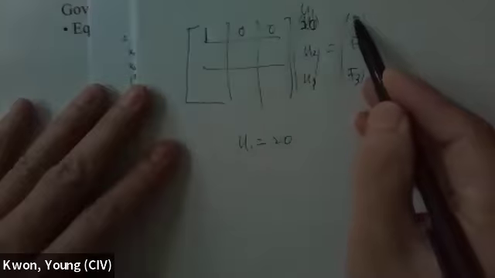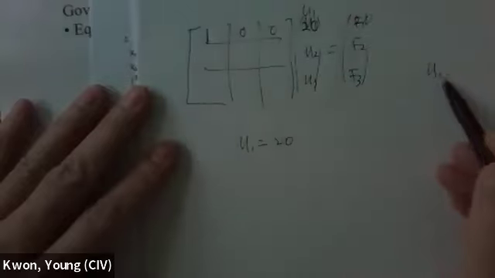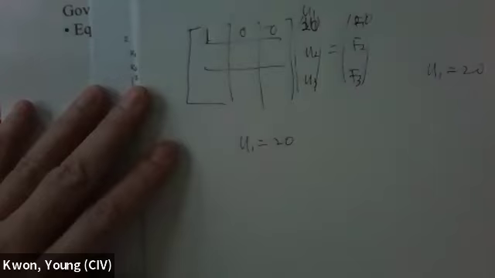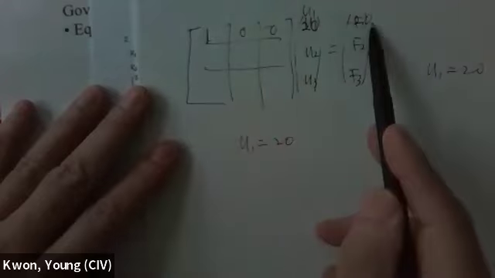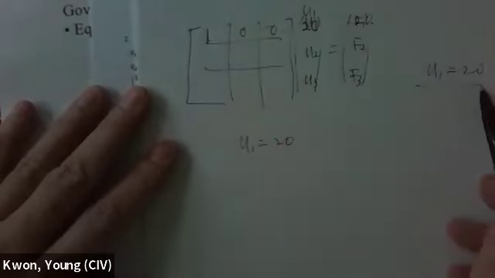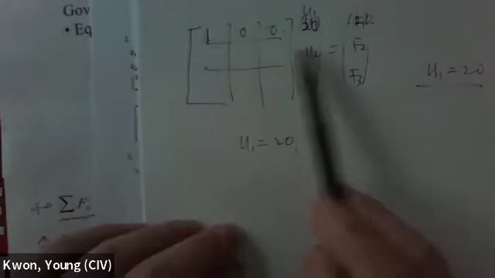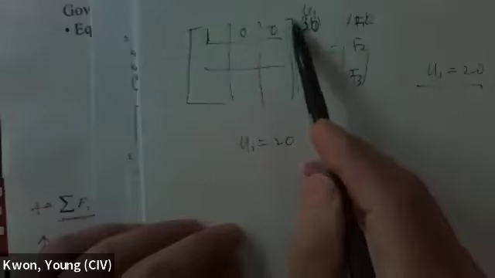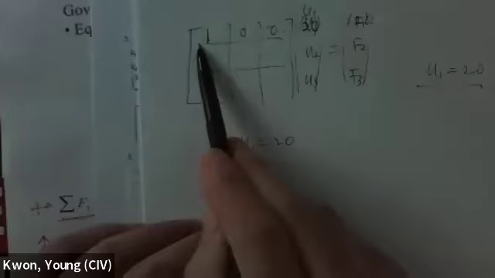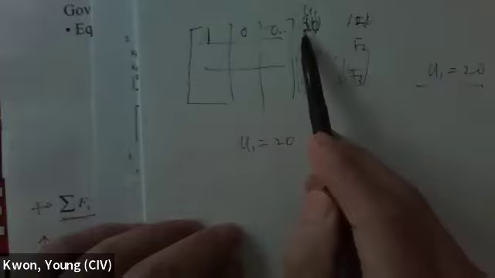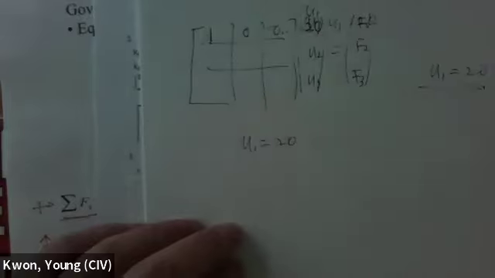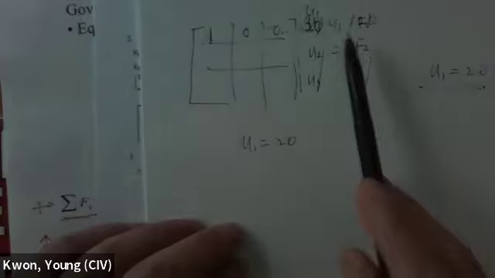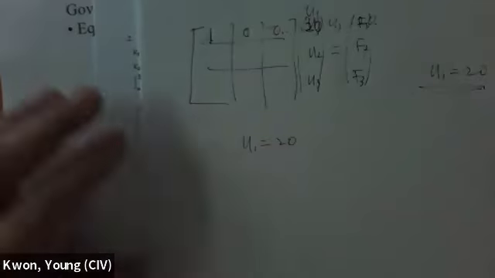So this is going to be 20. That means U1 is going to be 20. That's how you have to modify the equation to make it U1 equal 20. Okay, so that's the proper modification of the matrix equation to apply U1 equal 20 in here. So 1, 0, 0, 20, and that's the right way to write the matrix for U1 equal 20.